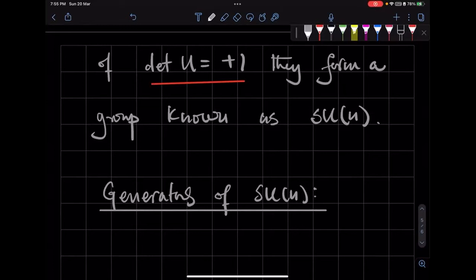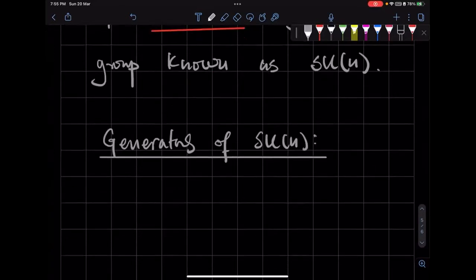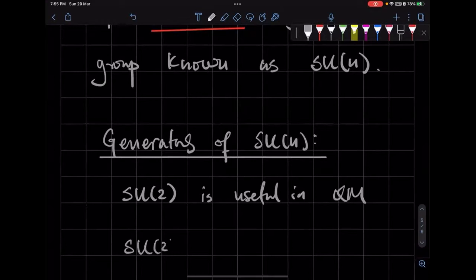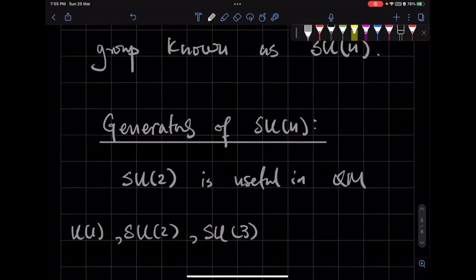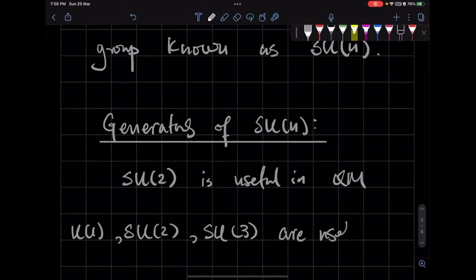SU2 is very useful in quantum mechanics, but both SU2, SU3, and we actually consider U1 to be part of this series, are useful in particle physics.